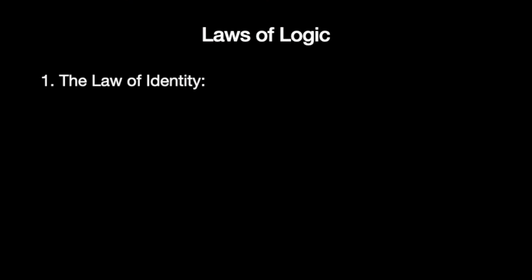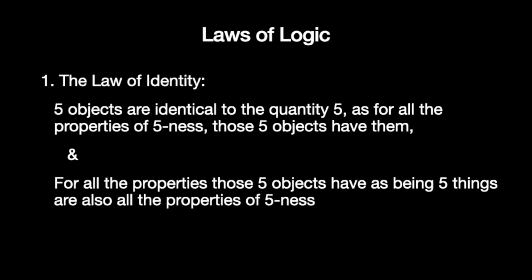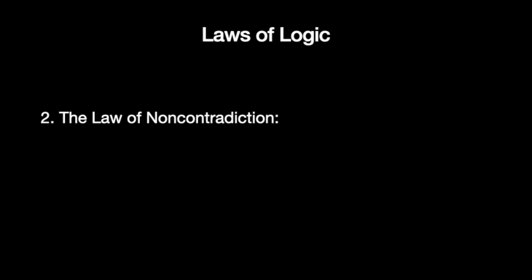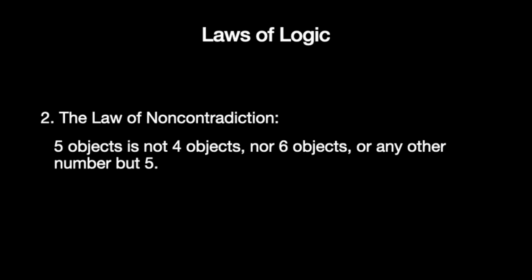But applying the essential logic anyway, 5 objects are identical to the quantity 5, as, for all of the properties of fiveness, those 5 objects have them, and for all of the properties those 5 objects have as being 5 things, are also the properties of fiveness. 5 objects is not 4 objects, nor 6 objects, nor any other number but 5.